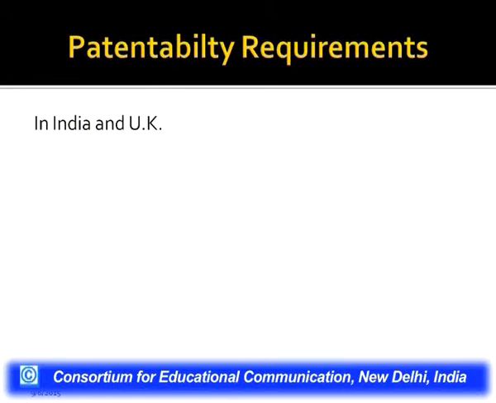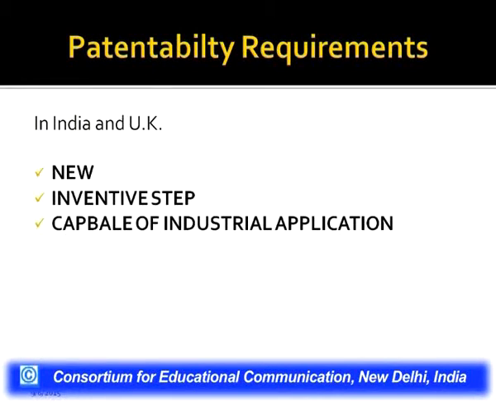Friends, one more thing I would like to put across at this juncture, again a recapitulation of my earlier point: in India and in UK these substantive requirements are called new, inventive step and capable of industrial application.